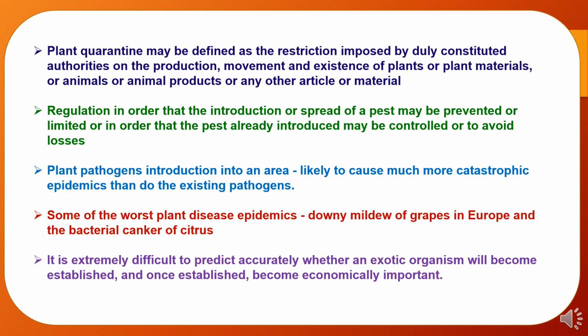Some of the worst plant epidemics that have occurred throughout the world, for example, the downy mildew of grapes in Europe and the bacterial canker of citrus, the chestnut blight, occurred because of the lack of operation of quarantine regulations. It is extremely difficult to predict accurately whether an exotic organism will become established, and once established, it may become economically important.